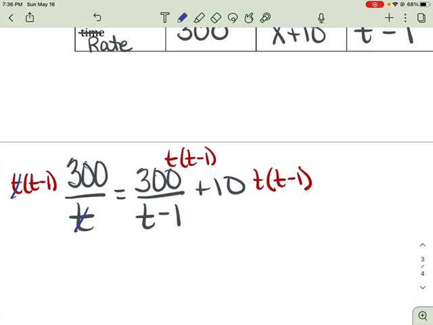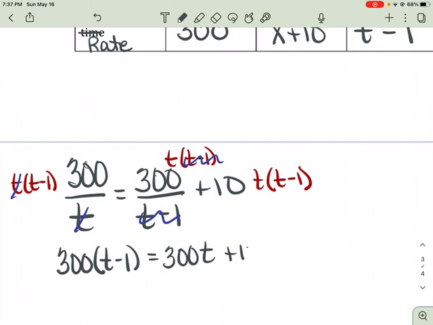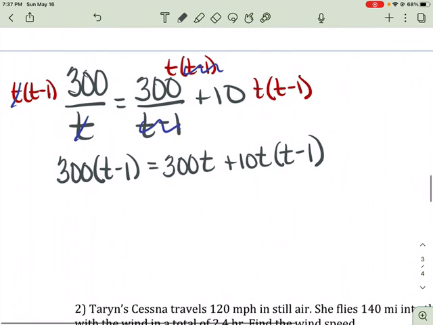So these are going to cancel. We get 300 times t minus 1 is equal to 300t plus 10t times t minus 1. These are really nasty.